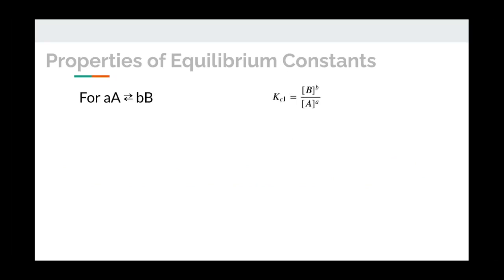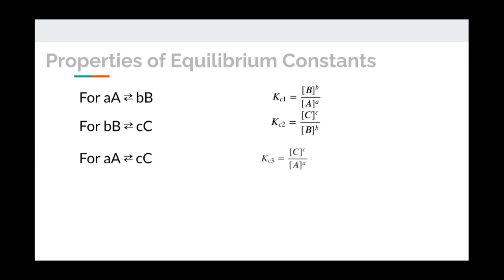What happens if we add some reactions together that are at equilibrium? So let's say we have A becoming B. The K for that reaction would be B to the b divided by A to the a concentrations. Then let's say there was a second reaction where B becomes C. K for that reaction is going to be C to the c divided by B to the b. If we add these together, we would get A becoming C directly. K for that reaction will be C to the c divided by A to the a.